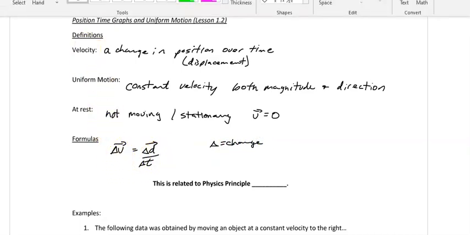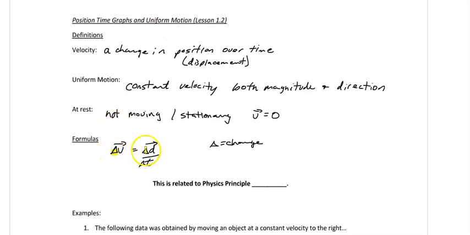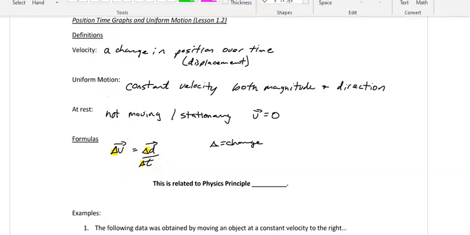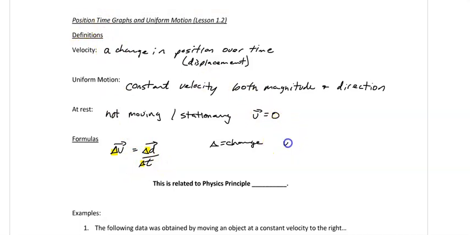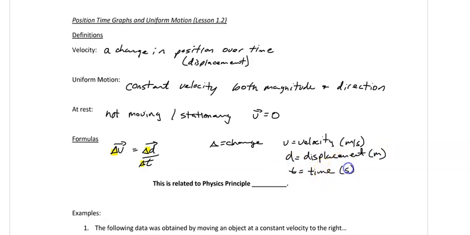So a change in velocity is equal to a change in displacement over the change in time, right? Where v is velocity, standard units meters per second, d is displacement, standard units meters, and t is time, standard units seconds.